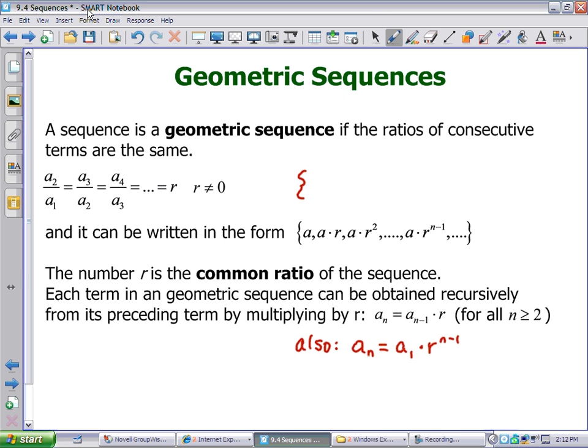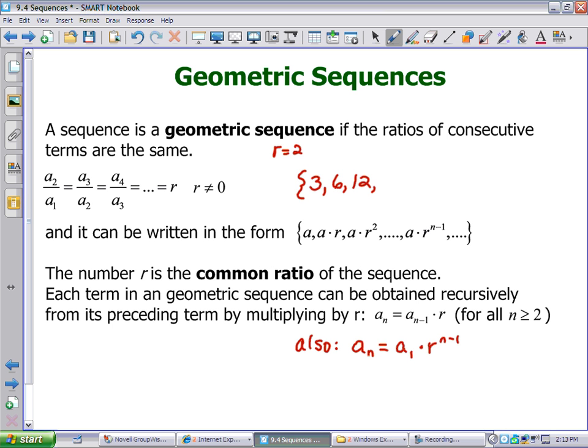So, for example, let's say my r is 2, and my first term is 3. So I'd have 3, and my next term would be 3 times 2, which would be 6. My next term would be 3 times 2 squared, which is 4, so I get 12.